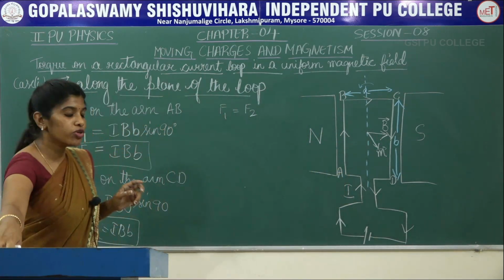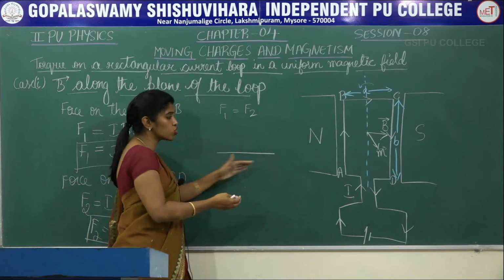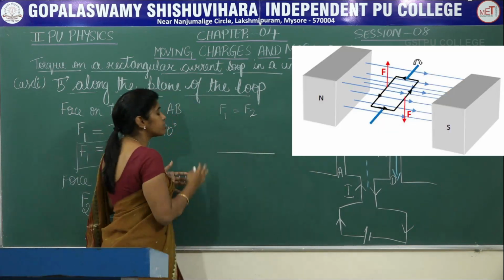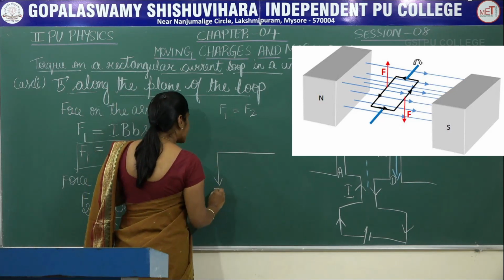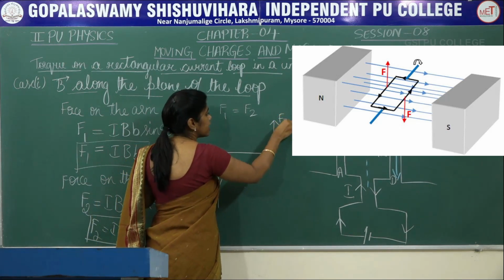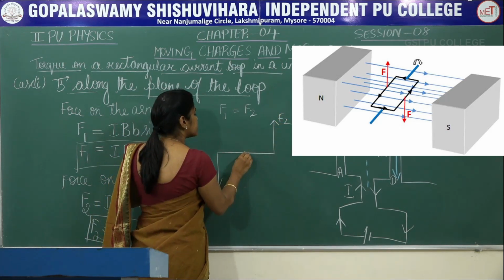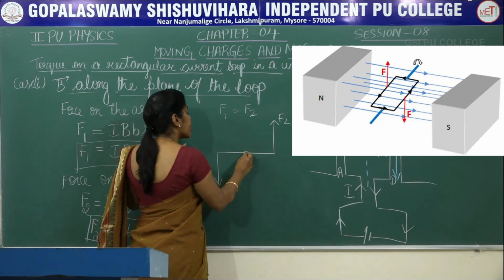So, I will show you this in a separate diagram. Now, if you view through AD, then how these forces are going to look like. The force F1 will be acting like this and the force F2 is acting in this direction. And this is the point of axis, that is the axis of rotation.